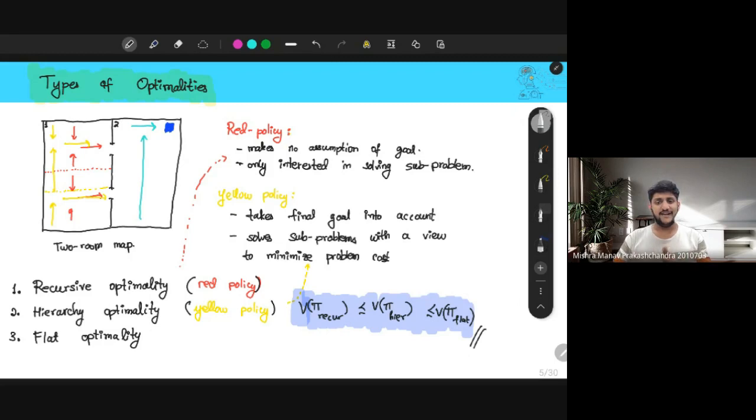While flat optimality finds the global solution, hierarchical tries to respect the optimality while taking into account the hierarchy that is present in the particular problem. And lastly, we have the recursive. It is explicitly trying to maintain the hierarchy, but trying to optimize for the subtask that is present. Okay.